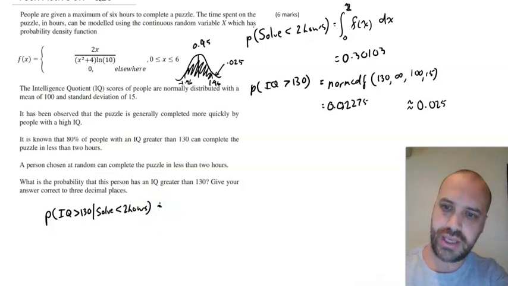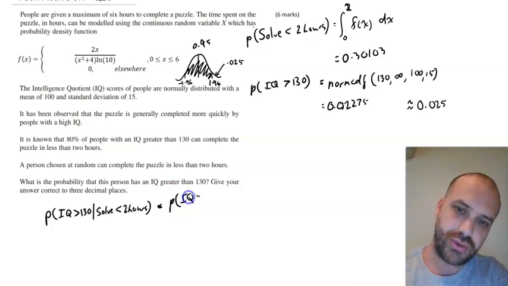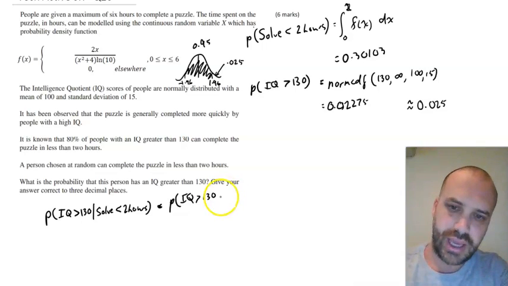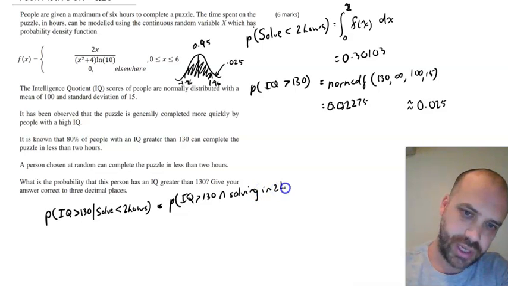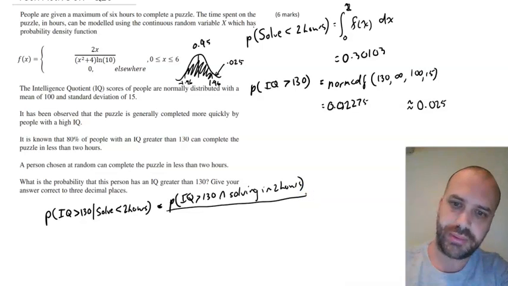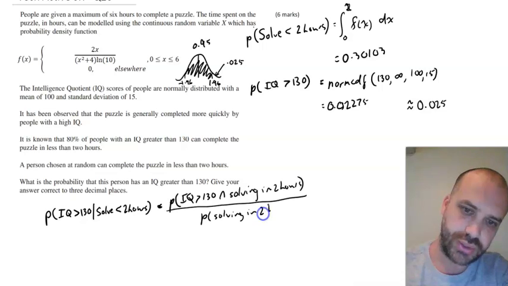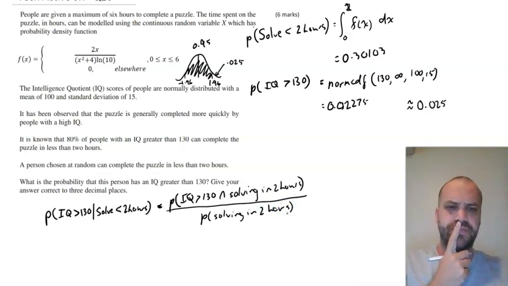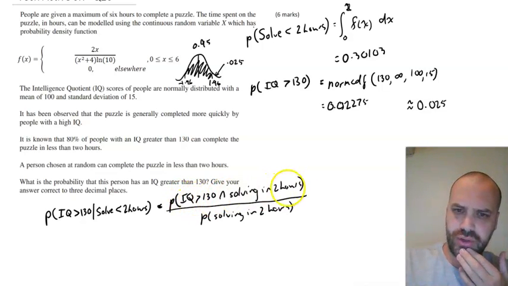That's going to be equal to the probability of having an IQ greater than 130 intersection solving in 2 hours over the probability of solving in 2 hours. Okay, interesting. Doesn't look like I'm finished yet because I don't know this.